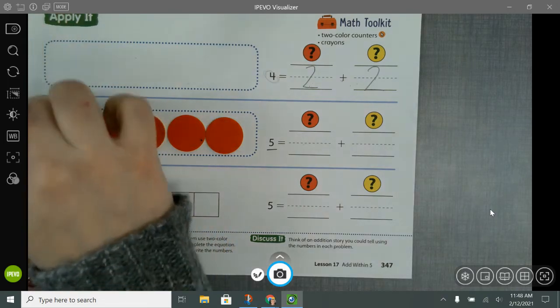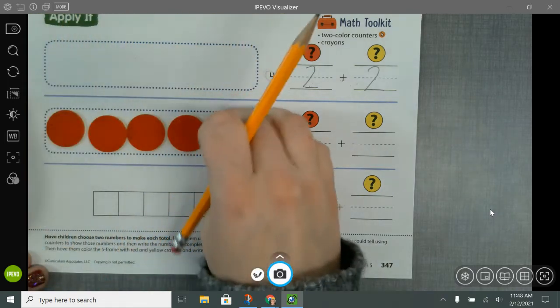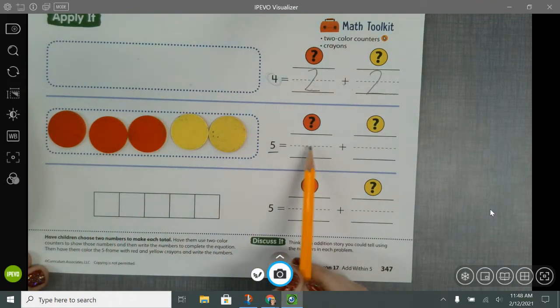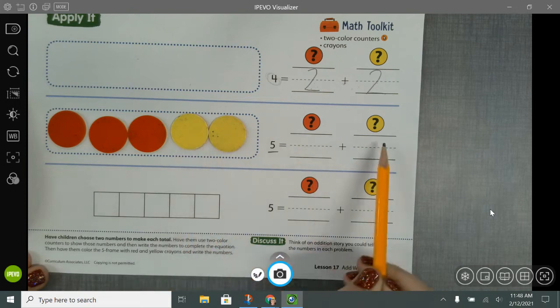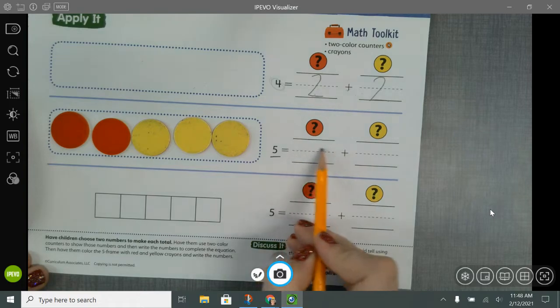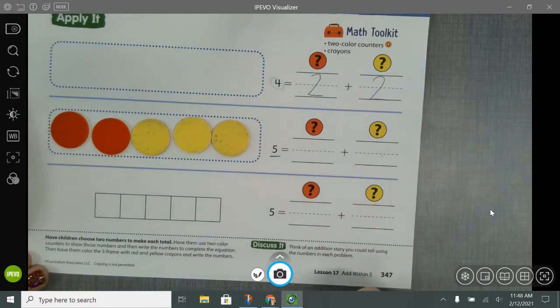Excellent. Okay, so you could have done this different ways. You could have had 3 plus 2. You could have had 2 plus 3.